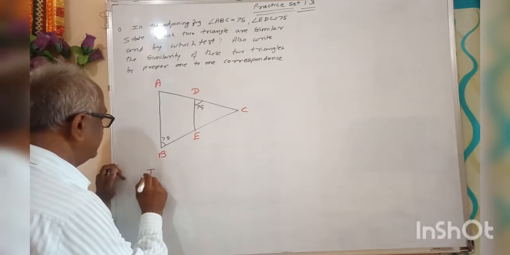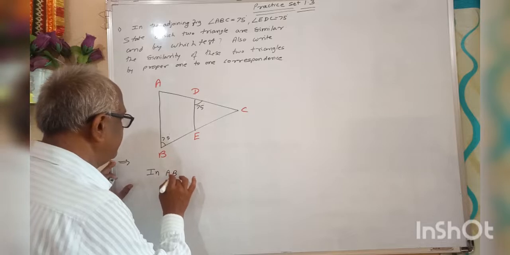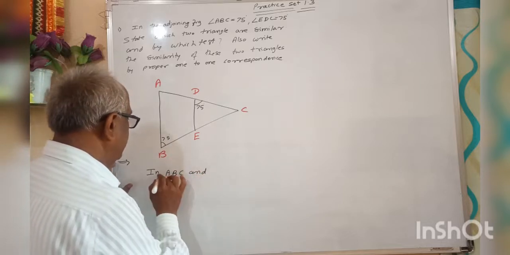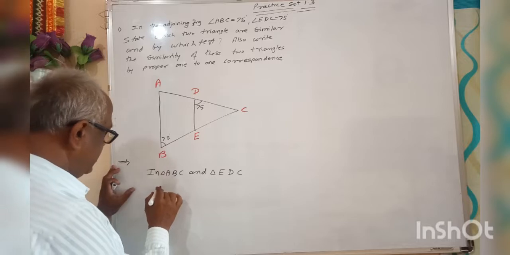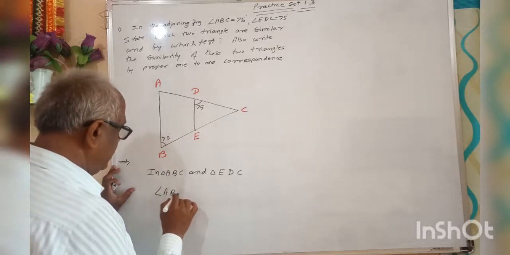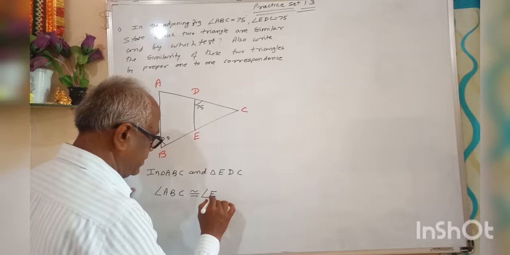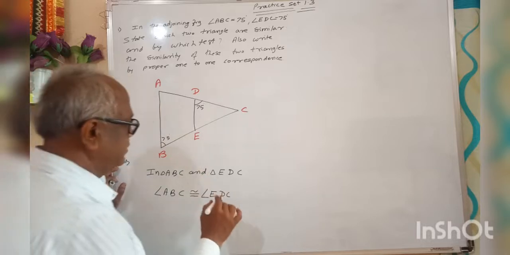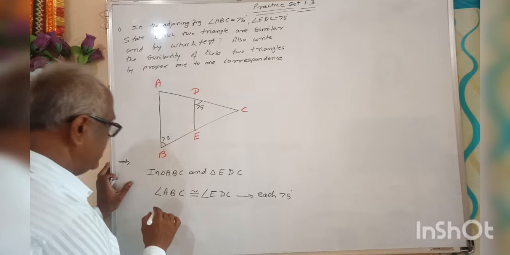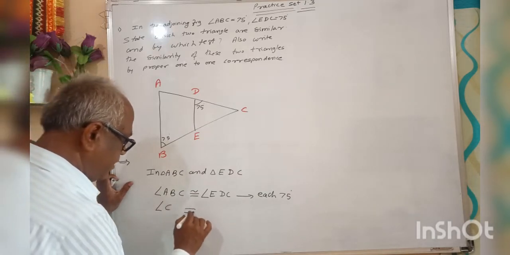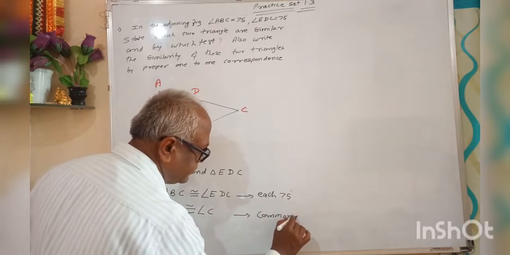Now here in triangle ABC and triangle EDC, angle ABC is congruent to angle EDC, that is, each 75 degrees, and angle C is congruent to angle C, that is the common angle.